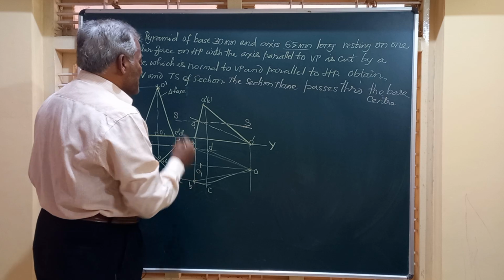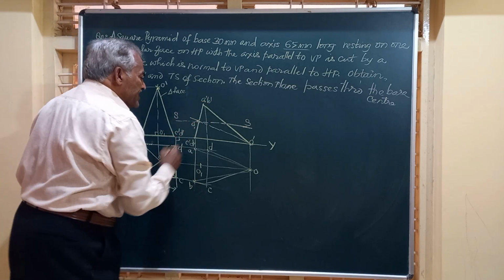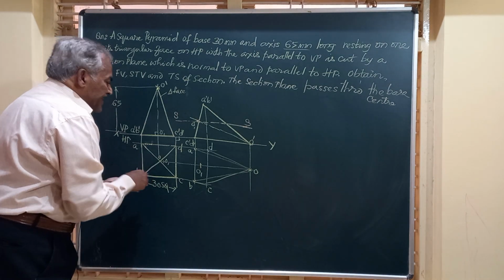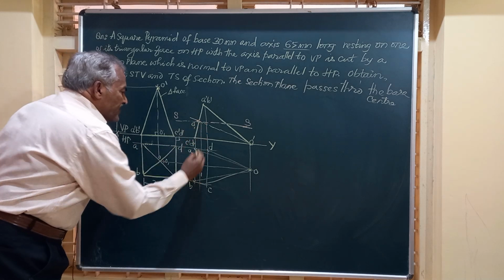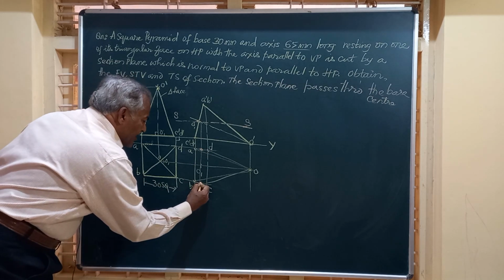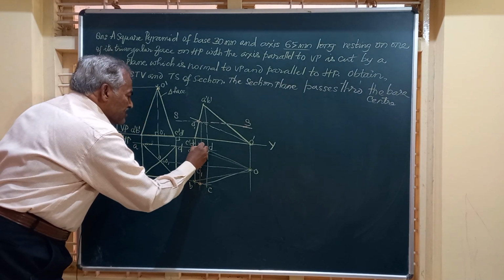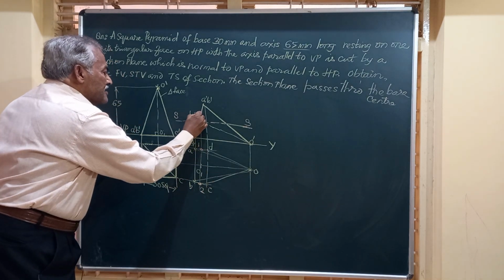Now friends, the section plane is cutting the base of the solid here. To know where exactly it is cutting, I am going to write a vertical line through that. Friends, it is cutting this AD here and also this BC at this point. So we will say this is point 1 and this is point 2. We will mark them here.